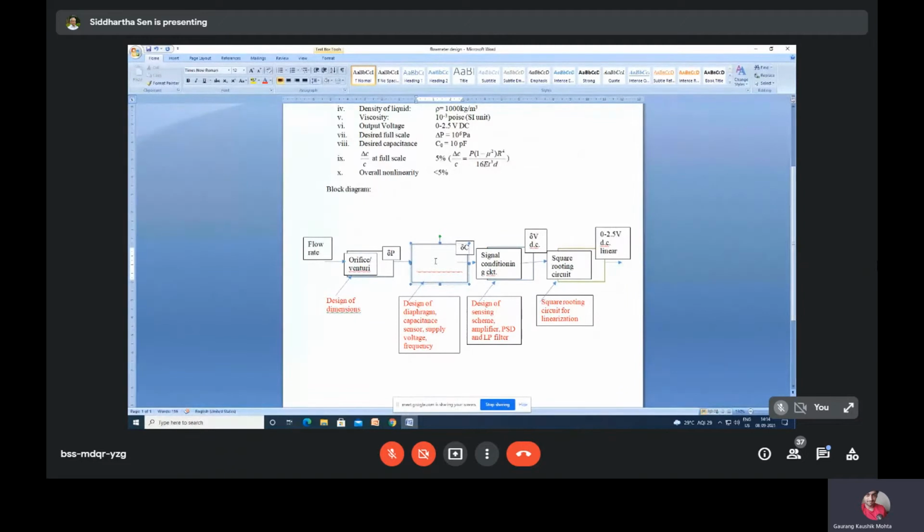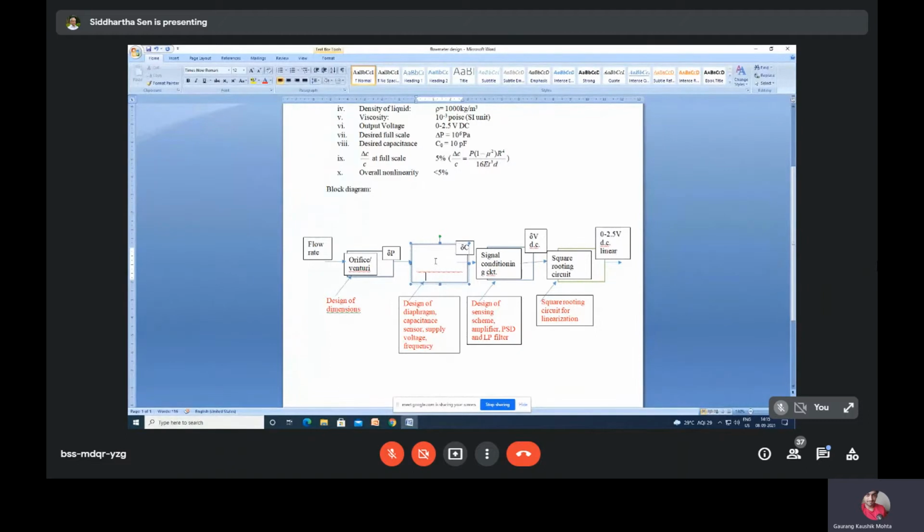We can measure the displacement of the diaphragm by using strain gauge rosettes, which we have already discussed. Or for the sake of simplicity, let us do it for this case using a capacitive sensor.